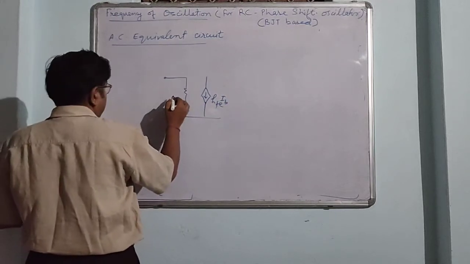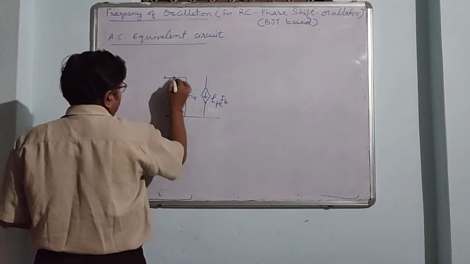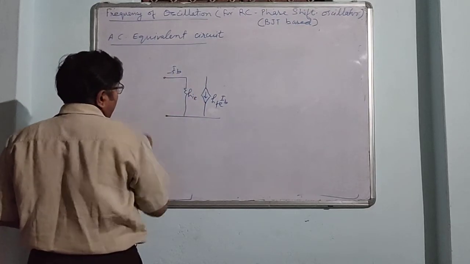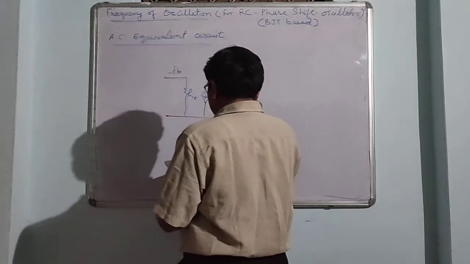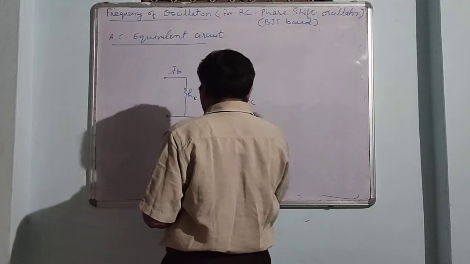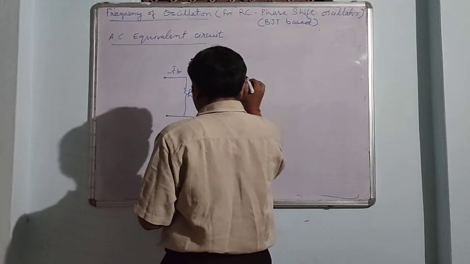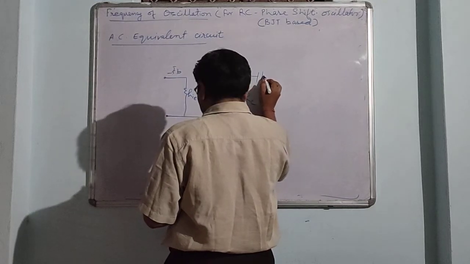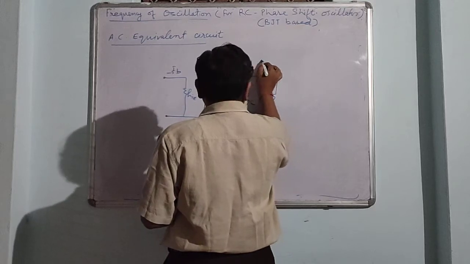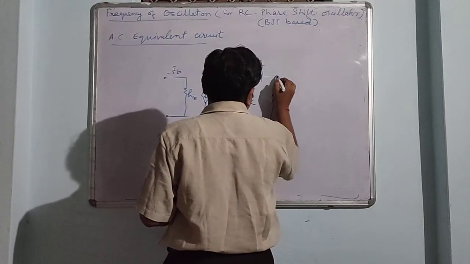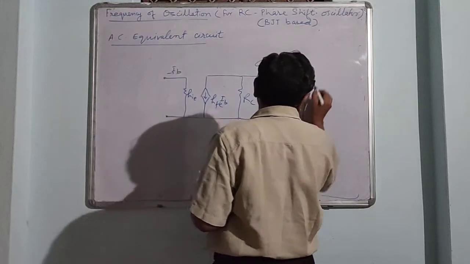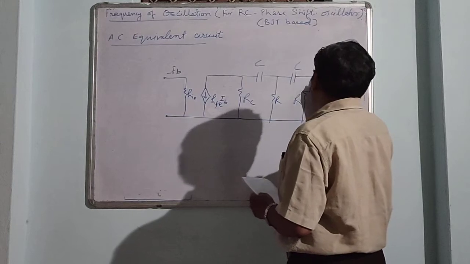Here the current is IB, then RC. Then we have a combination of three RC networks: first one, second one, and third.